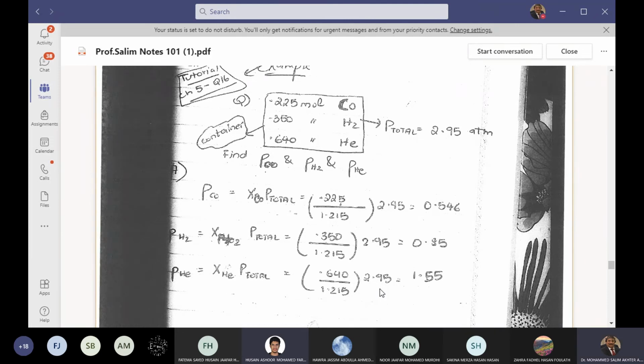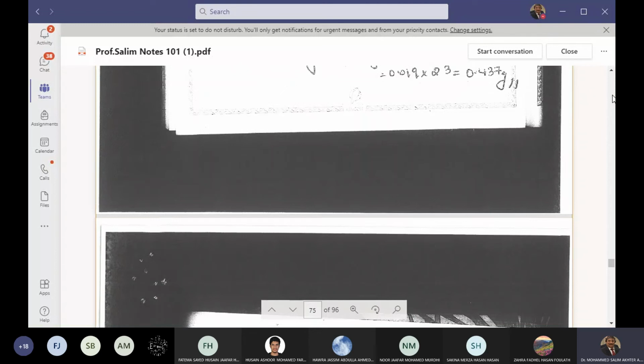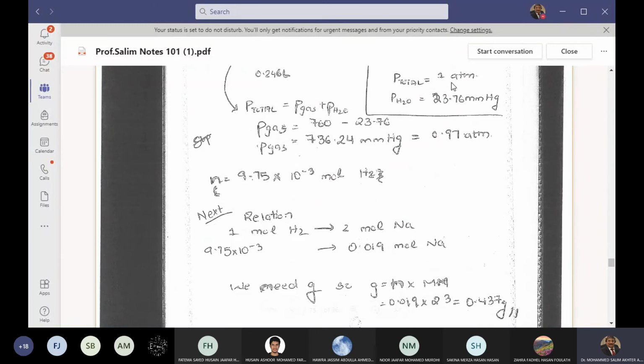Exactly. Now your question related to Dalton's second law. For sure you have to convert into ATM, because look at this. He has given me the total pressure 1 ATM, but I cannot subtract 1 ATM from this number. I have to convert, get the answer, and then convert again.